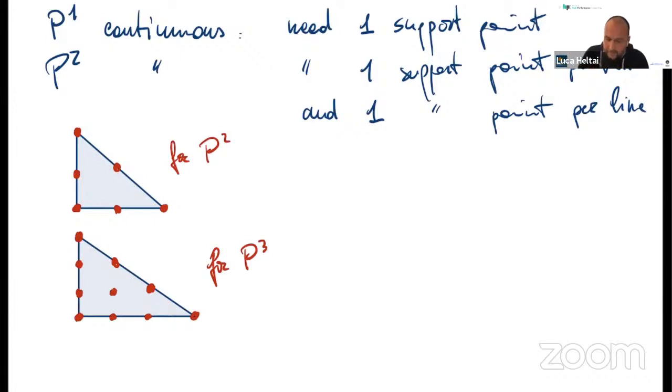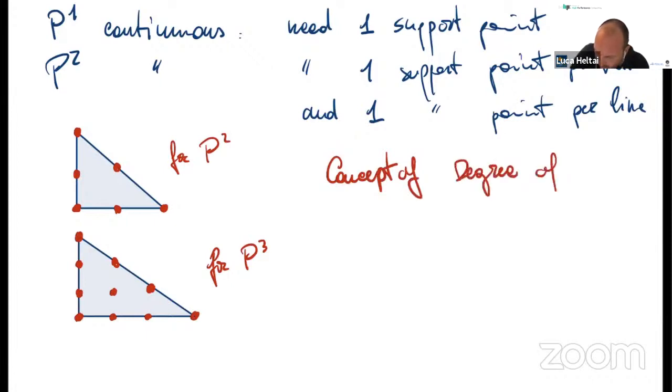So let's take another example. This gives you the concept of degrees of freedom per object, in DL2 terms.